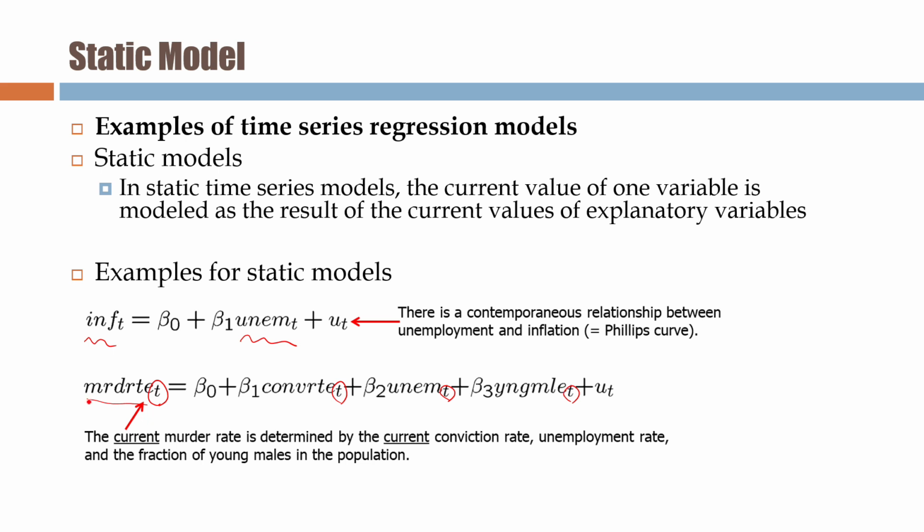The current crime rate is determined by the current conviction rate, the current unemployment rate, and so on. This is what we call the static model. This is nothing different from cross-sectional data analysis.